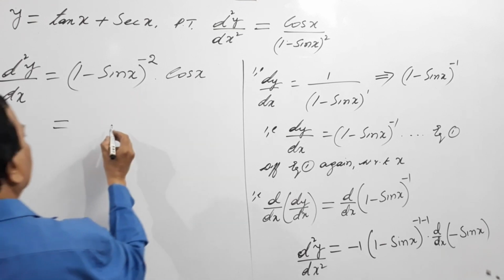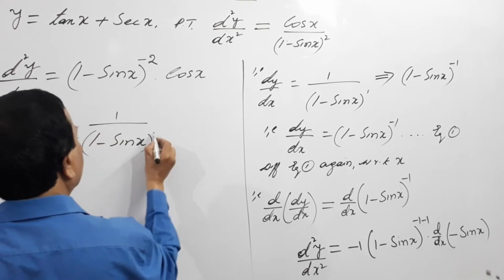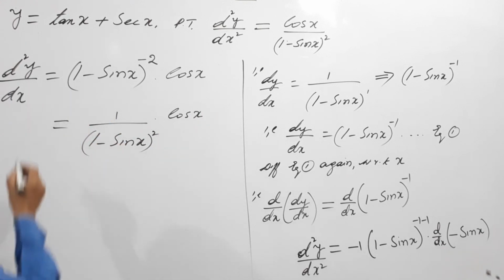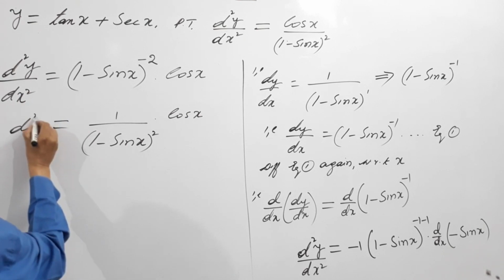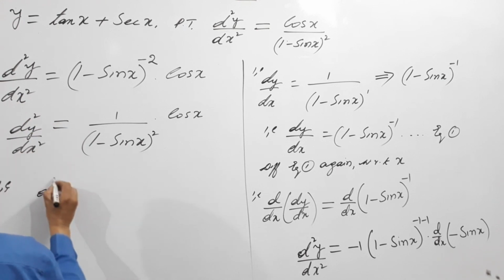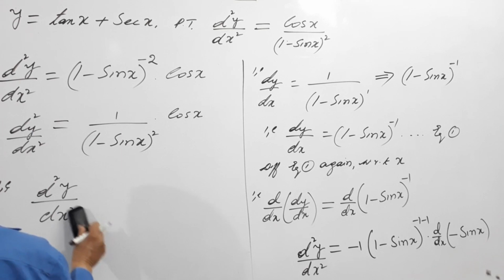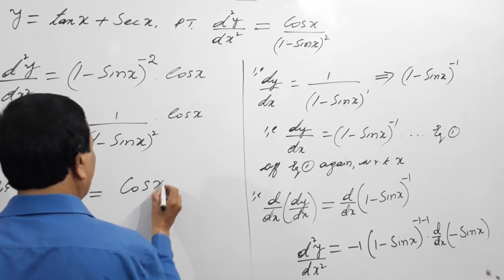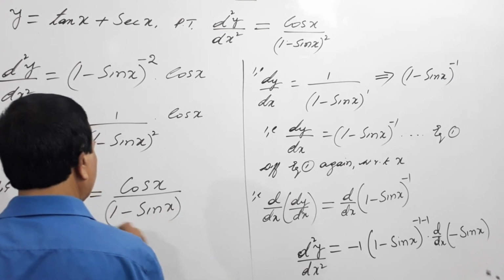So this equals 1 by 1 minus sin x squared into cos x. I will rearrange it properly. That is d square y by dx square equals cos x by 1 minus sin x the whole square.